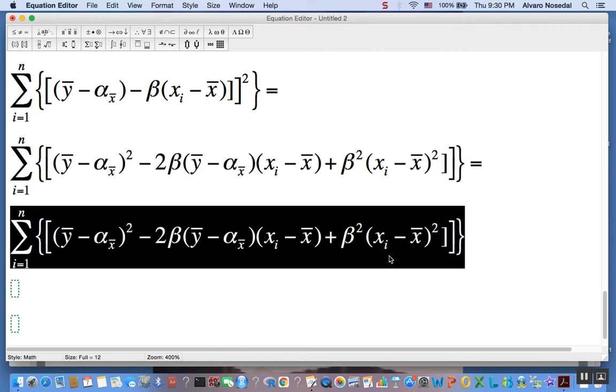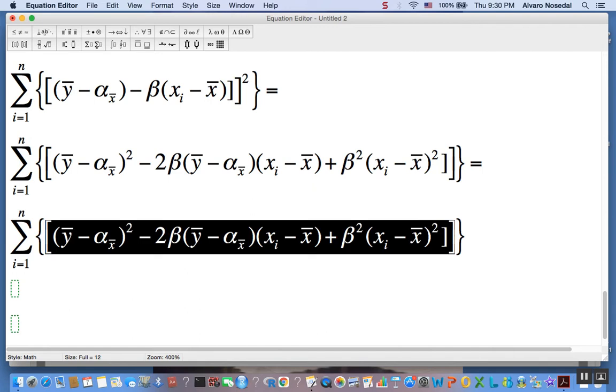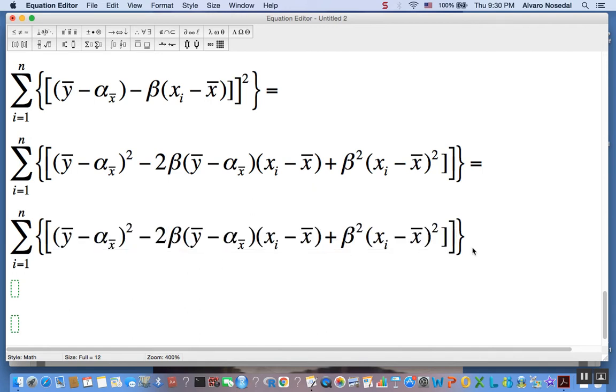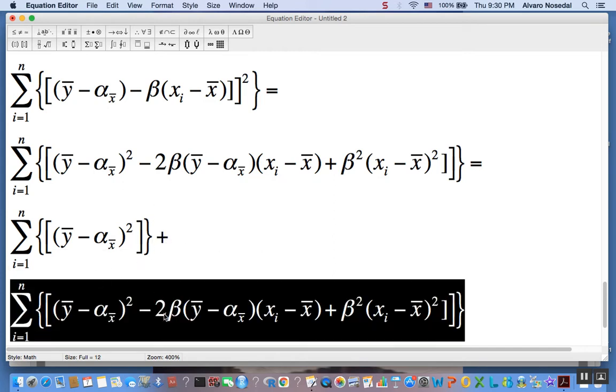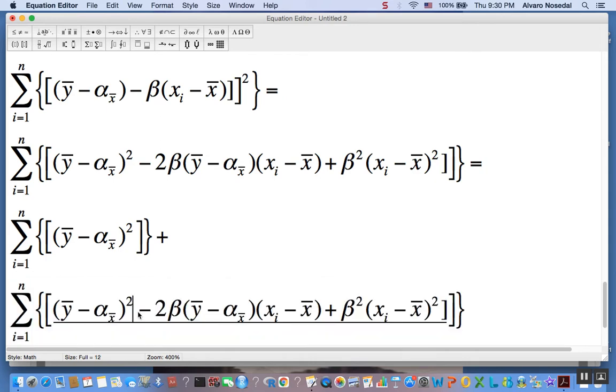So we're going to have the first one. It's just the first term. Plus, now we have the second term here.